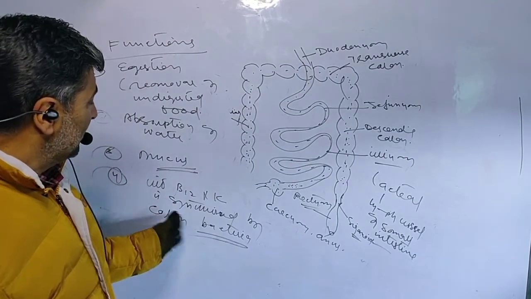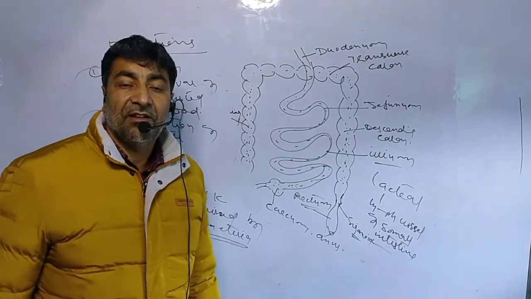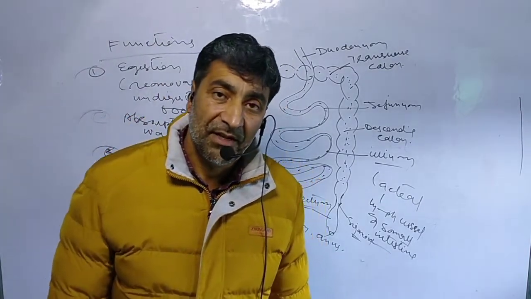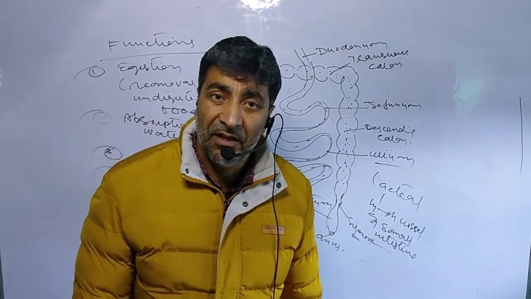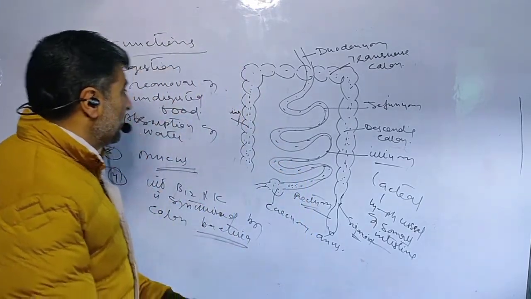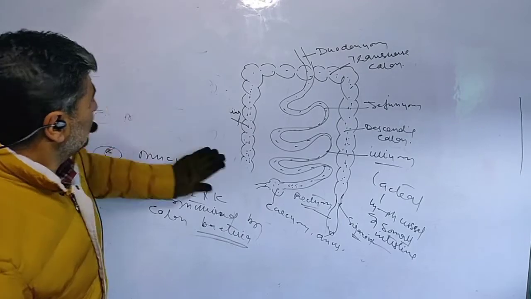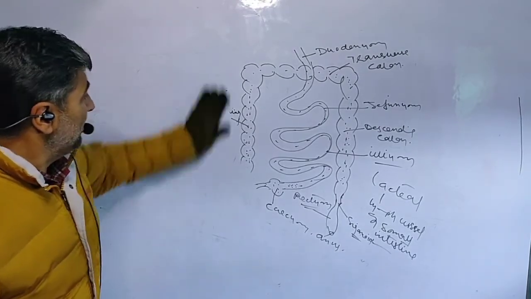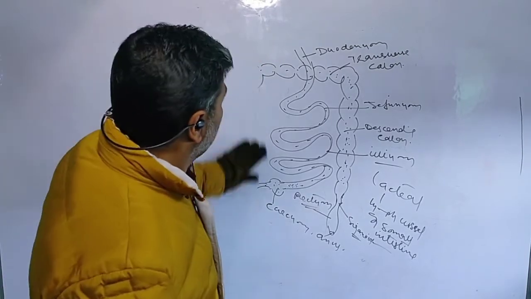These vitamins are utilized by the human body, and in return the bacteria get nourishment and protection. That is why they are called symbiotic bacteria. So this is all about the small intestine and large intestine.